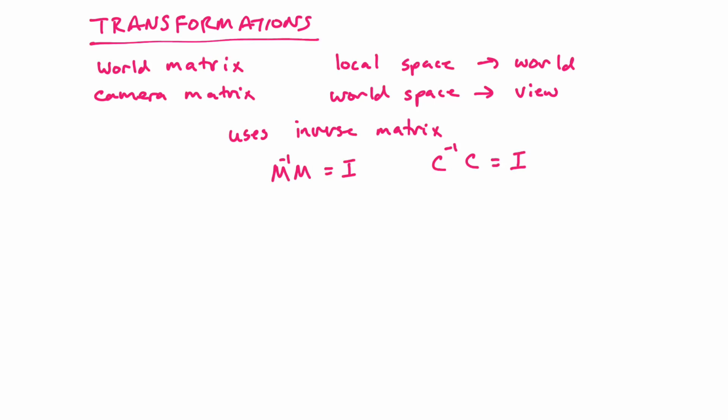But let's just say that we have the camera matrix. We're using the inverse, and we multiply it by the world matrix of another object. Then this will move W into C's space. All right?